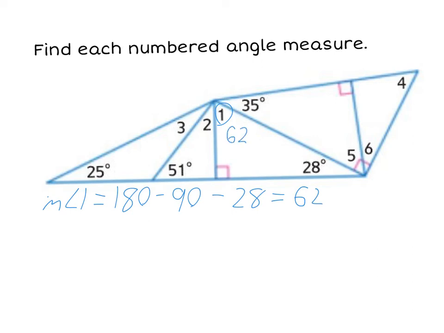Write that in because we might need it later on. The measure of angle 2 is here, and we have a 90-degree angle here, which means this also must be a 90-degree angle based on our linear pair definition. So the measure of angle 2 is equal to 180 minus 90 minus 51, which gives us 39.